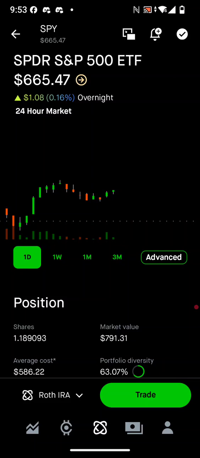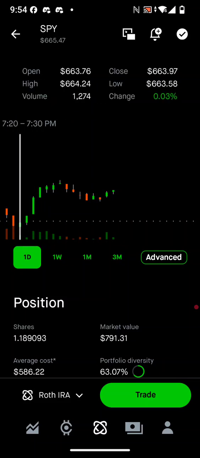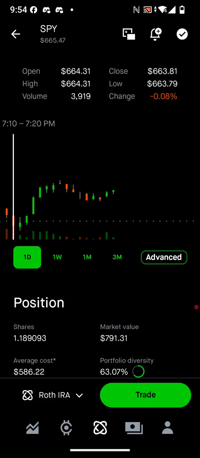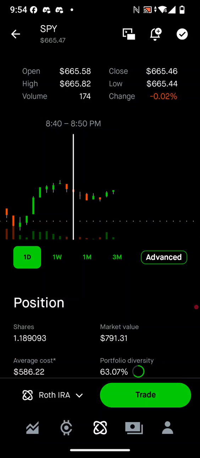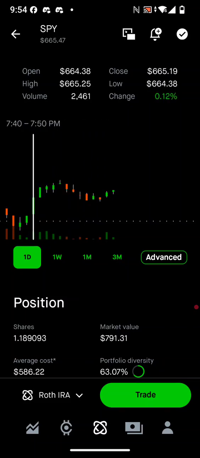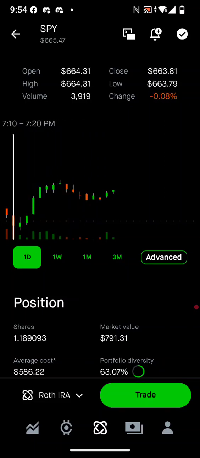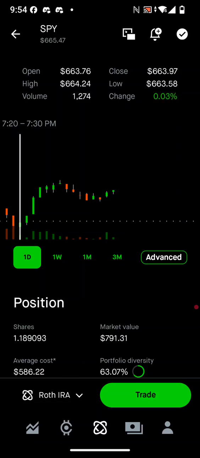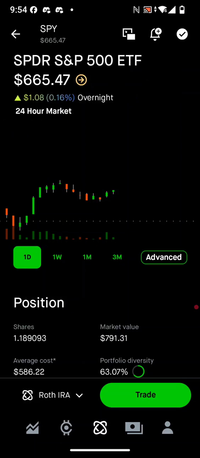The first thing I want you to understand about the candlestick, and this is going to be a short lesson, is that you see these red and green candles? Red means down, green means up.